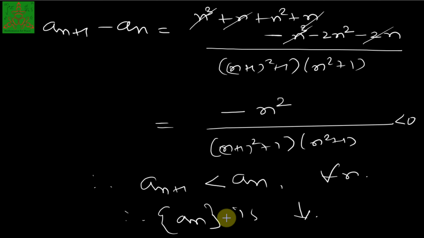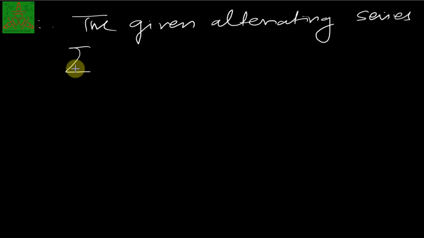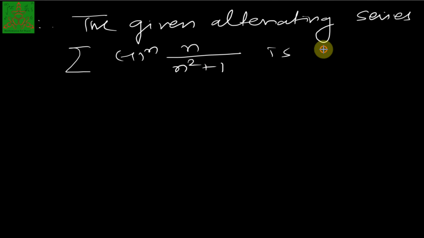Since it is decreasing, it satisfies all the conditions of the Leibniz test. So therefore the given alternating series, summation of (minus 1) raised to n into n upon n square plus 1, is convergent. If you want to prove that any alternating series is divergent, then you have to check whether any one of the conditions is not satisfied.